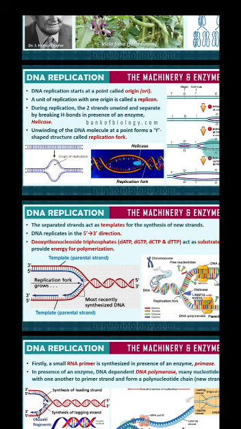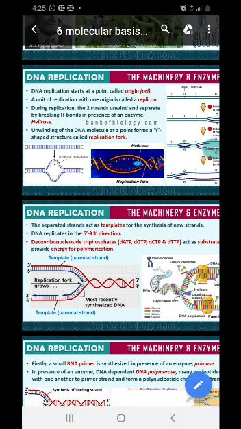There are hydrogen bonds between the bases, 2 bonds between A and T and 3 bonds between G and C. You know that, isn't it? So that's why it is more stable. This double-stranded DNA is a highly stable molecule, right? And a lot of energy is needed to break the bonds between these molecules.